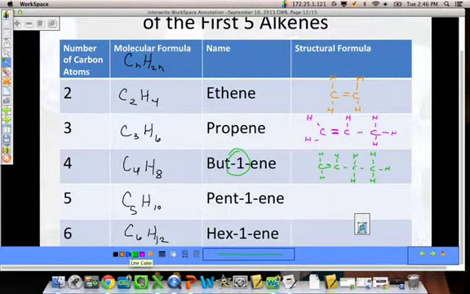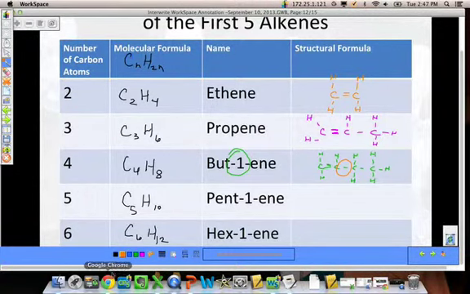Now we could have but-2-ene where my double bond is here. So that is another possibility. If I were to draw it here, it would be the same as having drawn it here, because again we start counting from the carbon closest to my functional group, which happens to be the double bond in these instances.